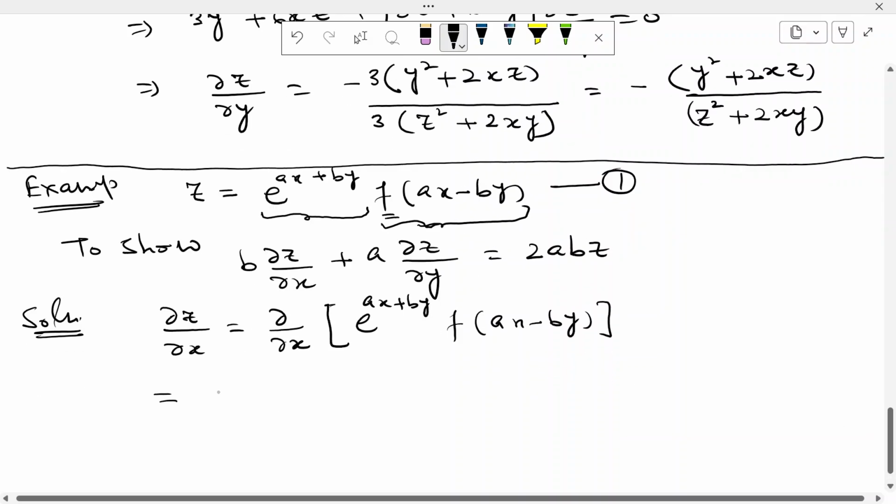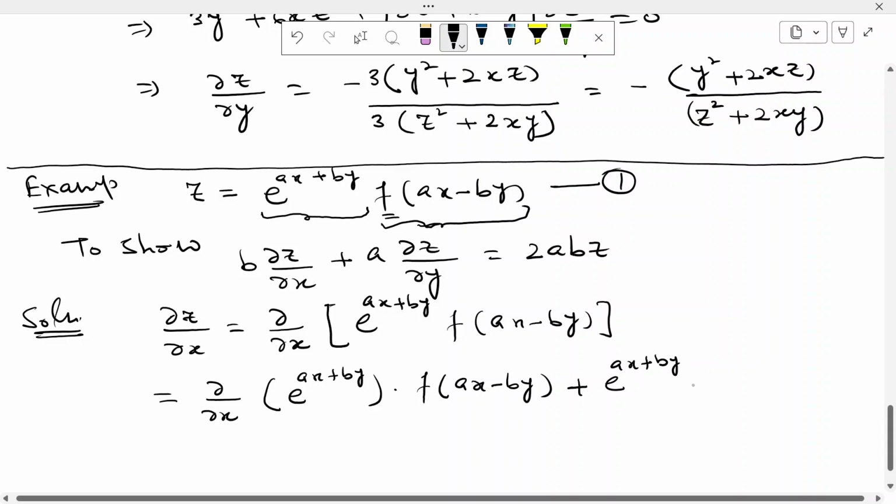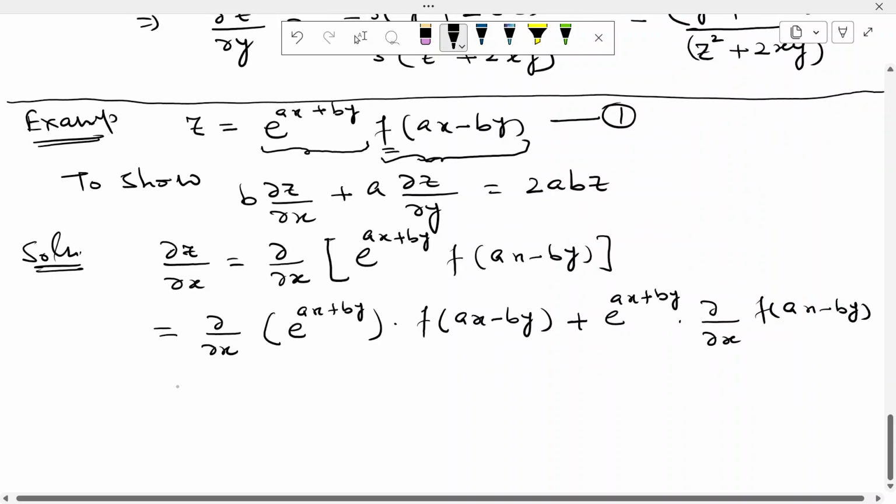So when you apply the product rule, this will be del over del x of e to the power ax plus by, and we have this f of ax minus by as it is, plus we have this e to the power ax plus by. Now the derivative of the second function, which is f of ax minus by.